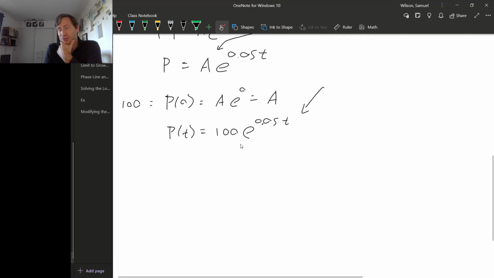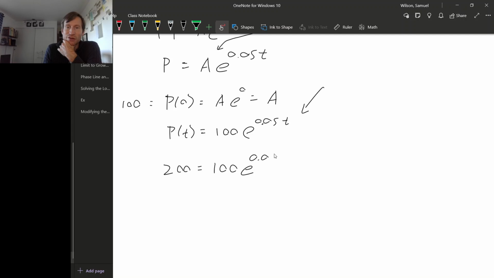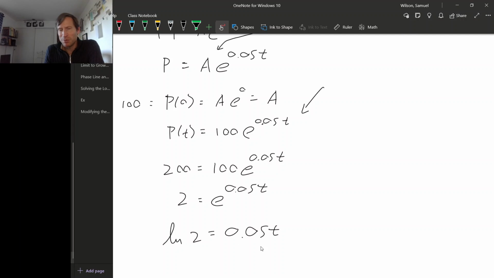So now we can answer all sorts of questions about this population. For example, how long does it take to double? Well, if it starts at 100, then doubling would be 200. So we can say 200 equals 100 e to the 0.05t, and then solve this equation for t. So 2 is e to the 0.05t, and then take natural logs. Natural log of 2 is 0.05t, and then multiply both sides by 20. 20 natural log 2 equals t.